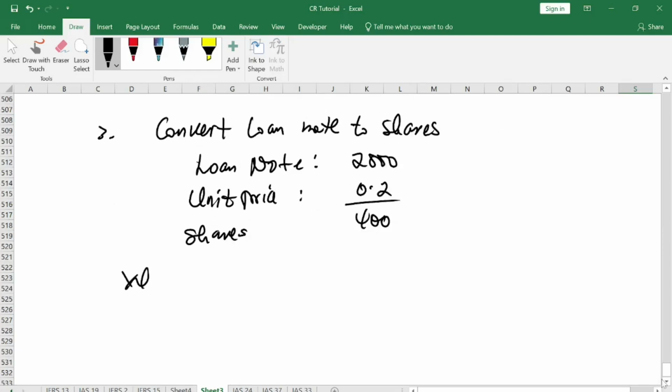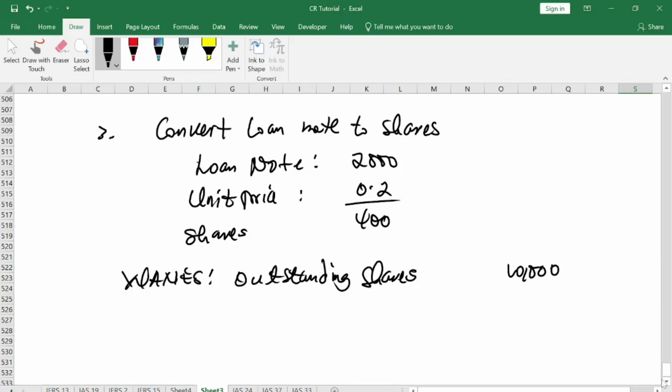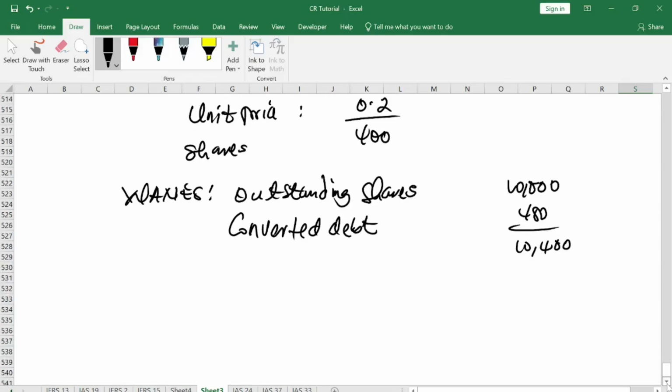Then you find your WANS. Your outstanding shares in the question is 10 million, which is 10,000, and then you add your converted debt, which is 400. So when you add, you have 10,400.